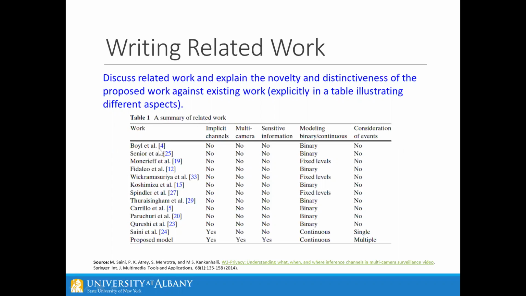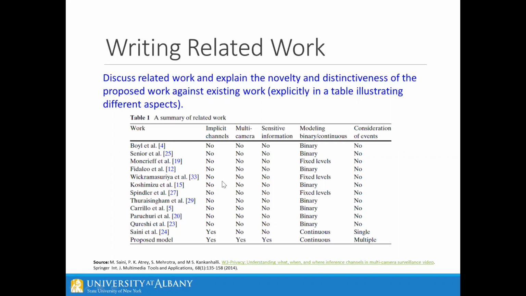Here in the first column of the table, you can mention the author's name and et al. Et al. means there are multiple authors. And this is the last name of the first author. Senior et al., where Senior is the last name of the first author, is used where authors are more than 2. And then you provide the reference number.